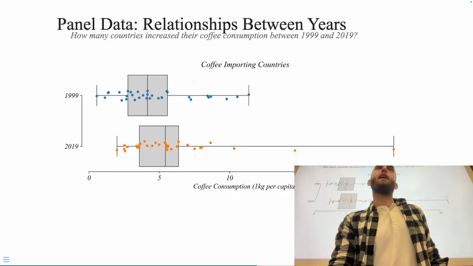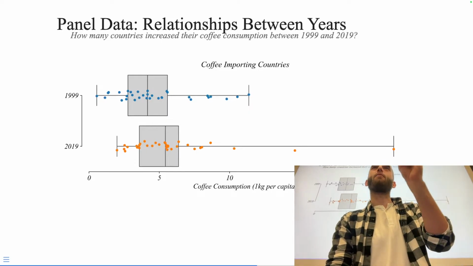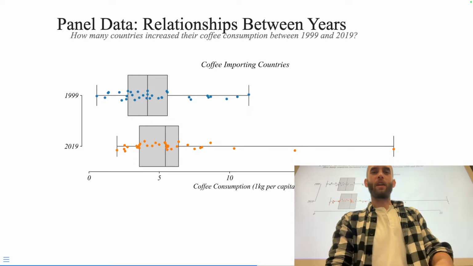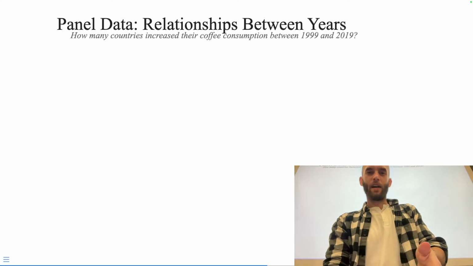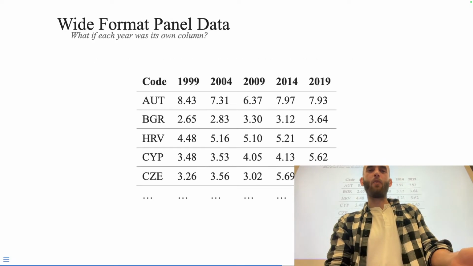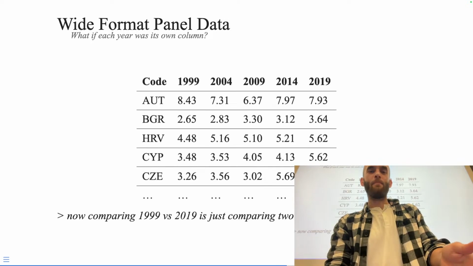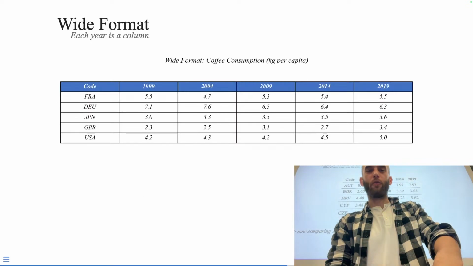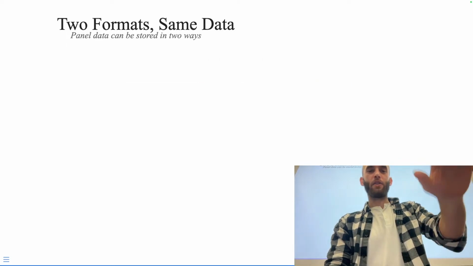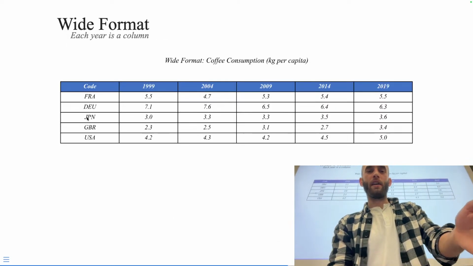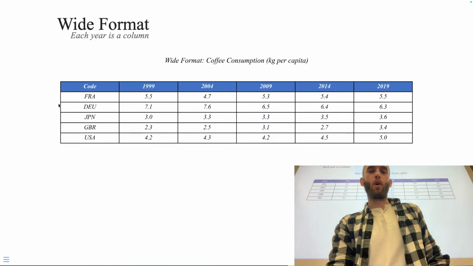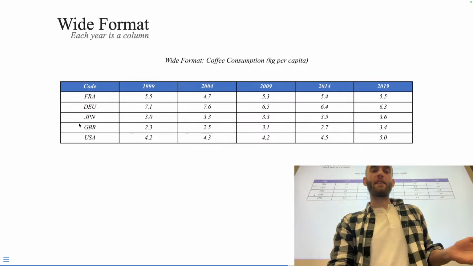You have to give me 10 lecture points. My slides are a little bit out of the order that I was expecting. I guess last time we talked about wide panel data. So this is a bit of review. We talked about the two formats. Essentially, one is when we have rows for each one of the indexes, so each one of the countries, and then we have time on the horizontal axis.